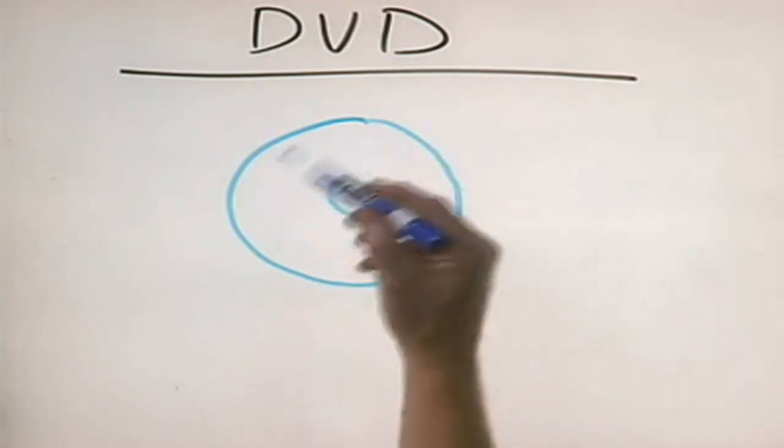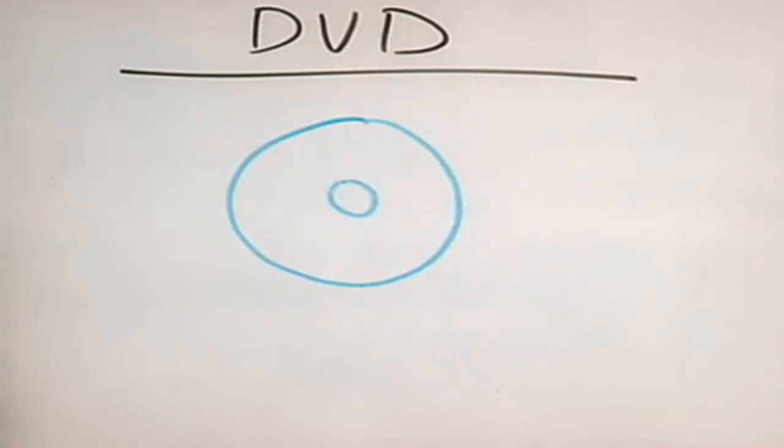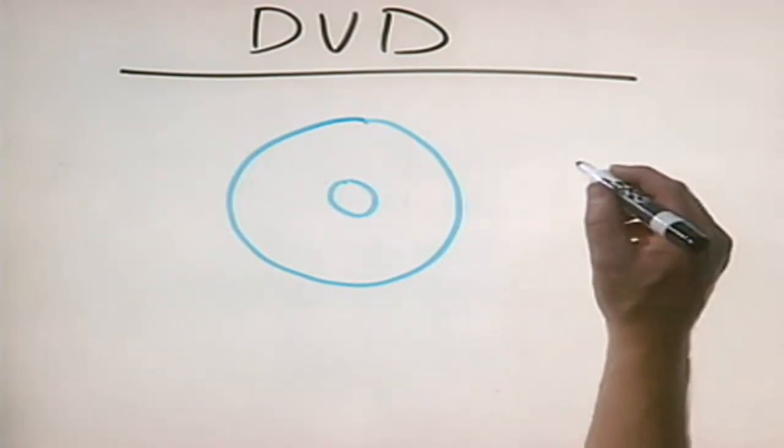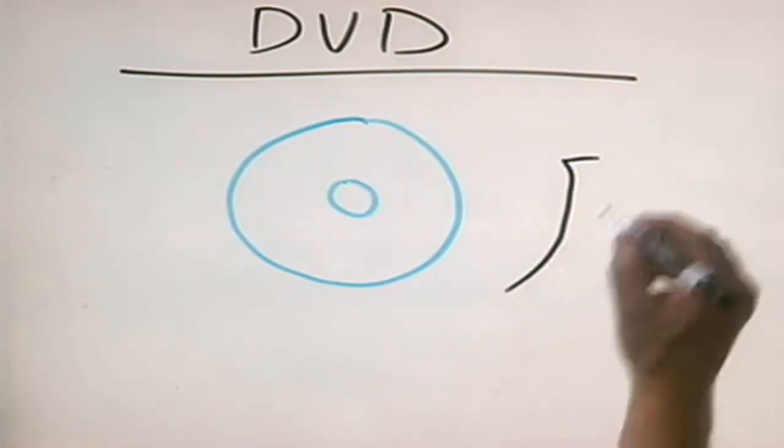A DVD disc has pretty much the same physical dimensions as a CD-ROM. So that begs the question, how do you get a lot more data on a DVD as compared to a CD? Well, if you were to look really closely at a CD and look how wide the track is that's written on the bottom of the disc, it would look something like this.